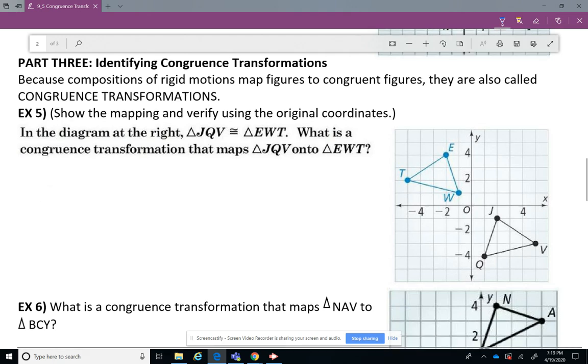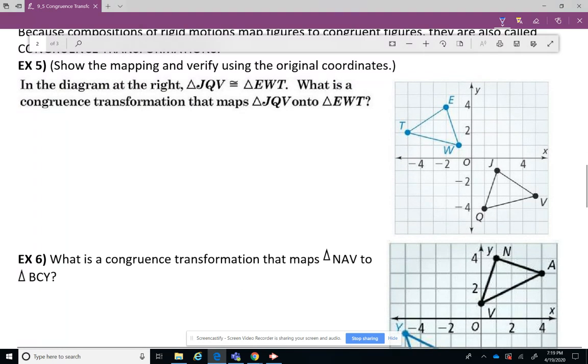All right, show the mapping and verify using the original coordinates. In the diagram at the right, triangle JQV is congruent to triangle EWT. What is a congruence transformation that would map JQV onto EWT? So let's start with the J and the E. If I'm going to map J to E, think about what you're going to do.